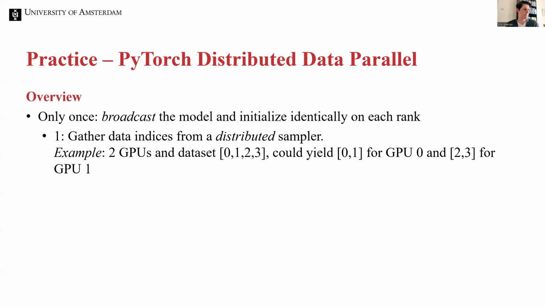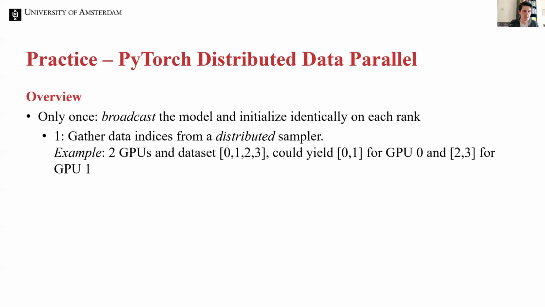So then let's go through what distributed data parallel does. The first thing it's going to do is gather, again, some data. In this case, we're going to use some kind of distributed sampler, which, to be fair, might also be used for data parallel, but let's just talk about it now. In this scenario, suppose we have 2 GPUs, and our data consists of a list of 0, 1, 2, and 3.